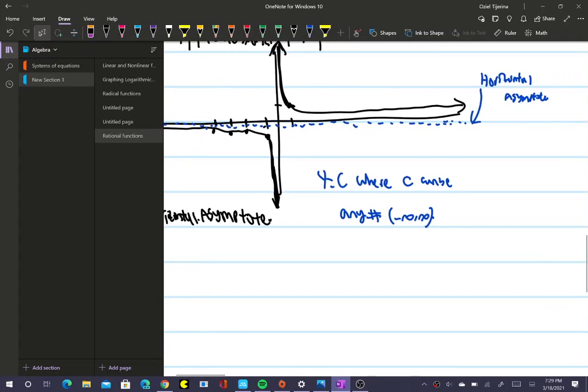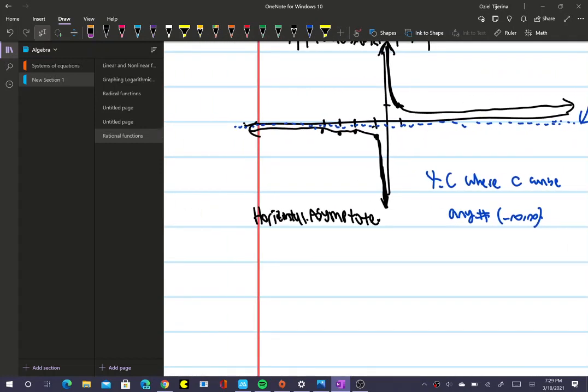That's our horizontal asymptote. Whenever you have y equals 1 over x, y equals 0 is the horizontal asymptote, and sometimes they would write this as HA.